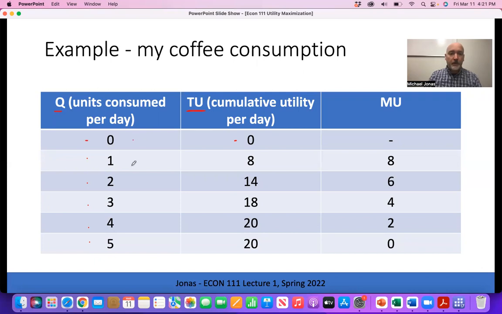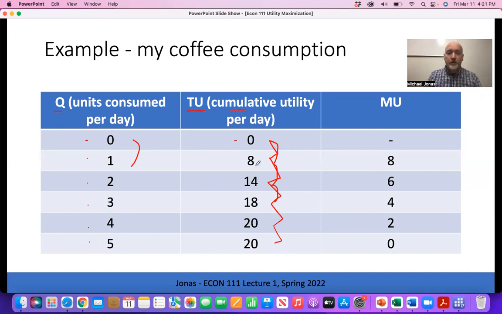And then as my consumption increases, my total cumulative happiness or utility is going to be increasing as well. So this middle column here is tracking that mountain, that total level of utility. And what the law of diminishing marginal utility tells us is that these increases for each change in quantity are going to get smaller and smaller.